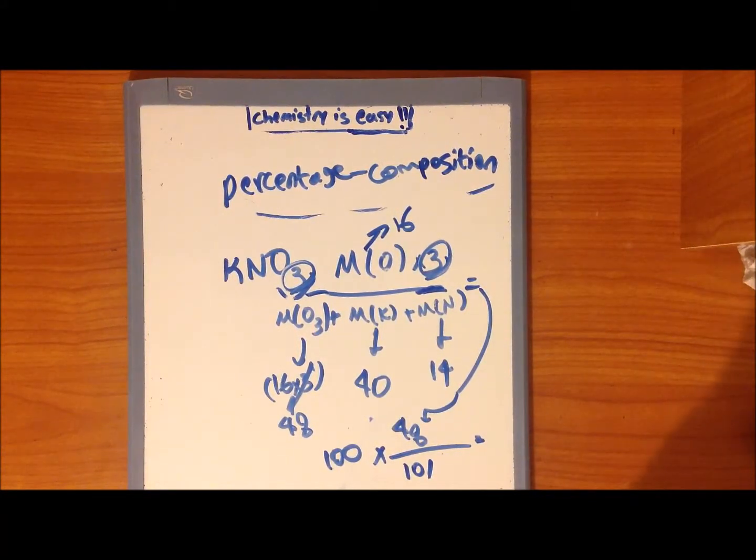Sorry, I had some trouble, I think. 48 divided by 101 is equal to 0.4752, so 47.52 percent. Yeah, 47%.